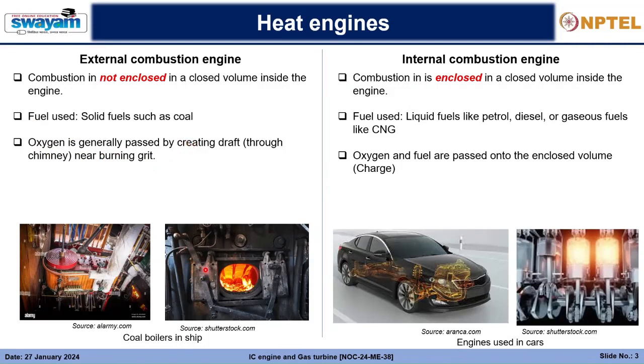The oxygen will be circulated through this grid, and then the combustion will take place. But here, the oxygen is passed along with the charge, along with the fuel. Again, there is a classification of how the oxygen and the fuel are passed, but you can see this oxygen is supplied internally. So that's why it is the internal combustion engine.